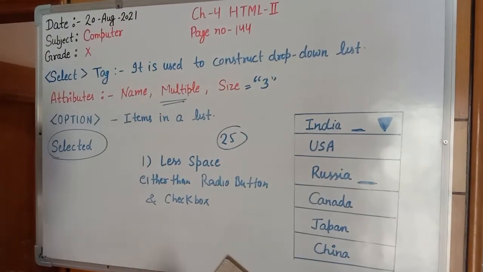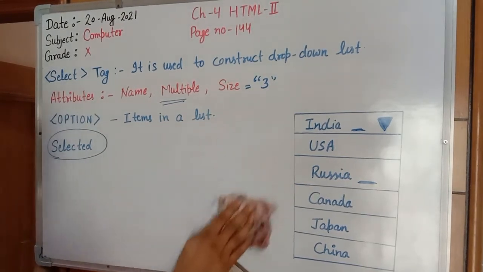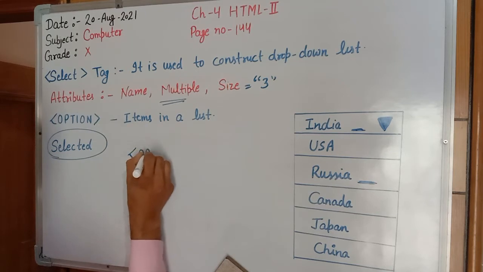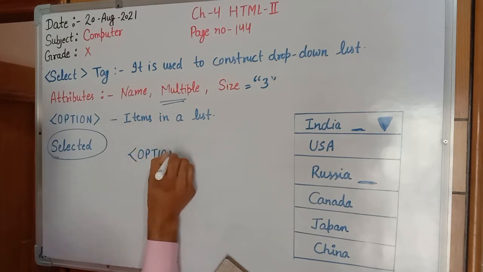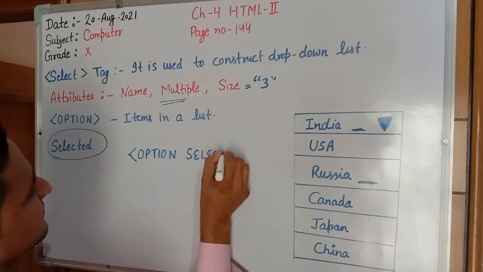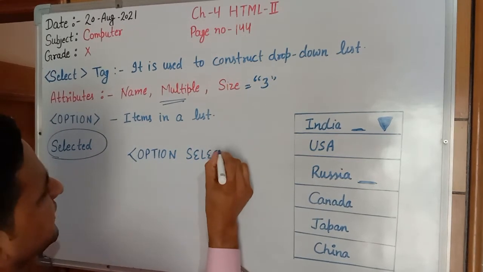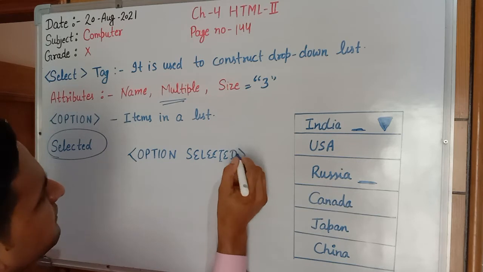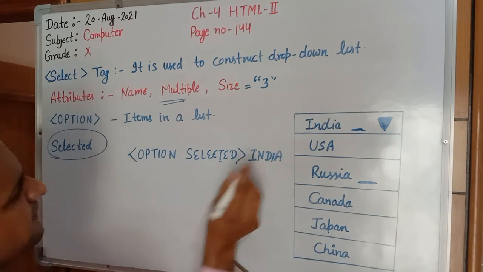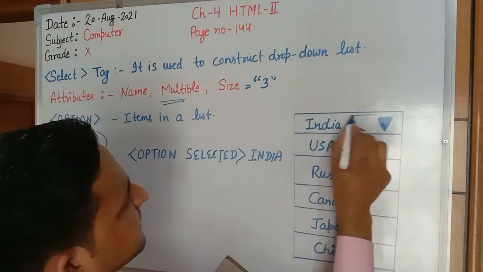See, now this is the most important point in the option tag. If we are writing option, then we are writing selected, and afterward the item is India. So when we open the web page, this will be automatically selected.